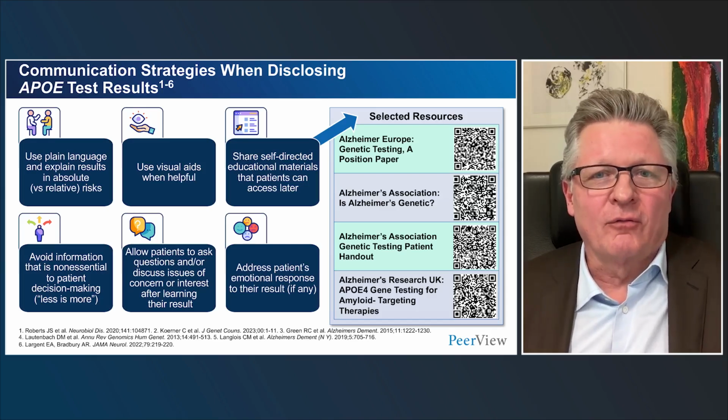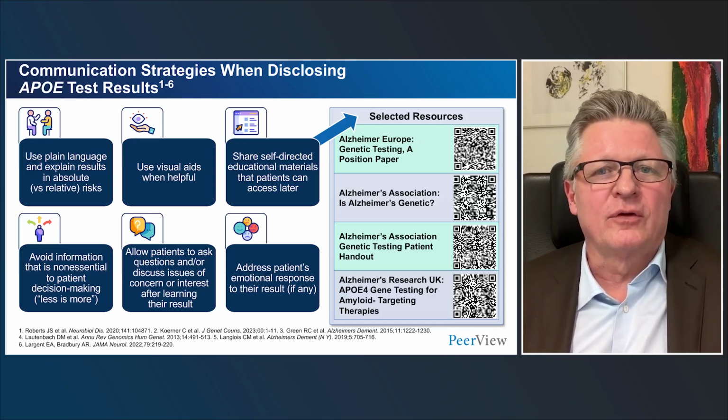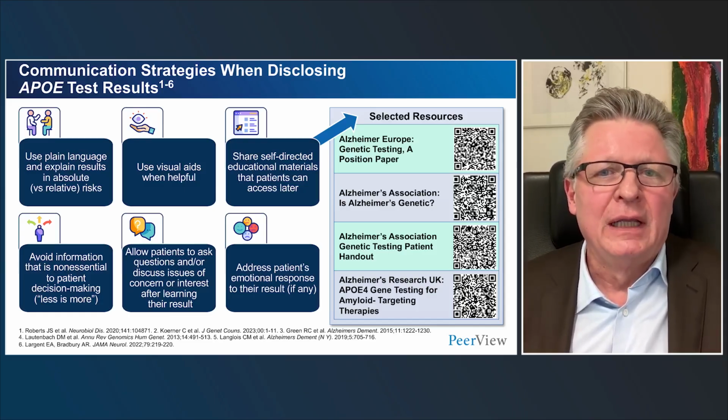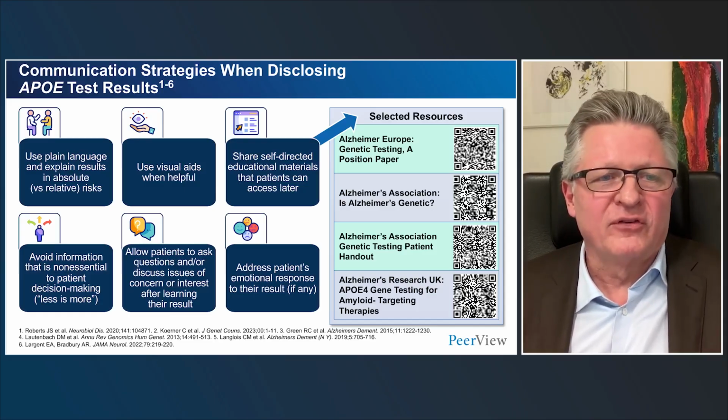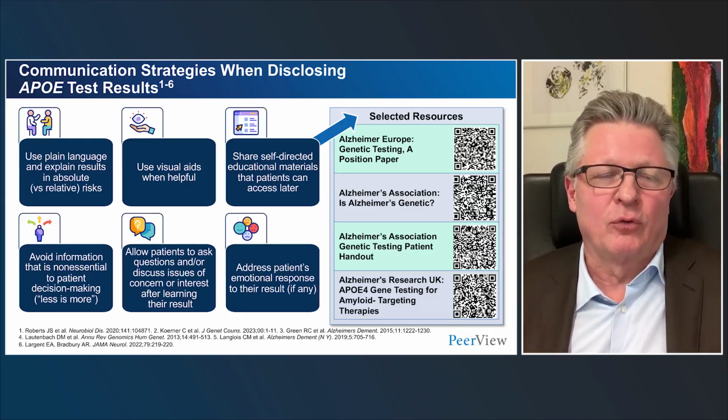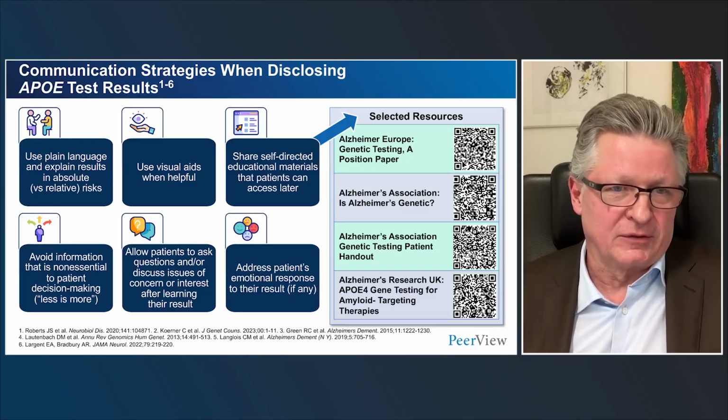Now, of course, the critical point here is to disclose the results of APOE4 testing, and there are some general concepts of how to talk about risk with patients, which are not specific for APOE, but which also account, for example, for disclosure of biomarker test results.